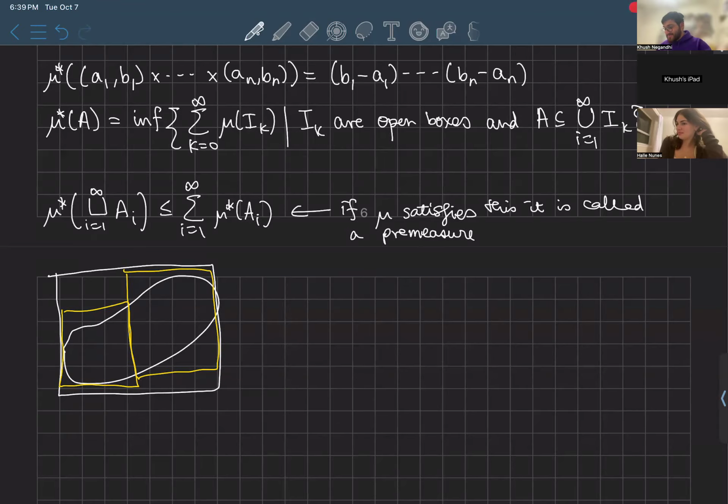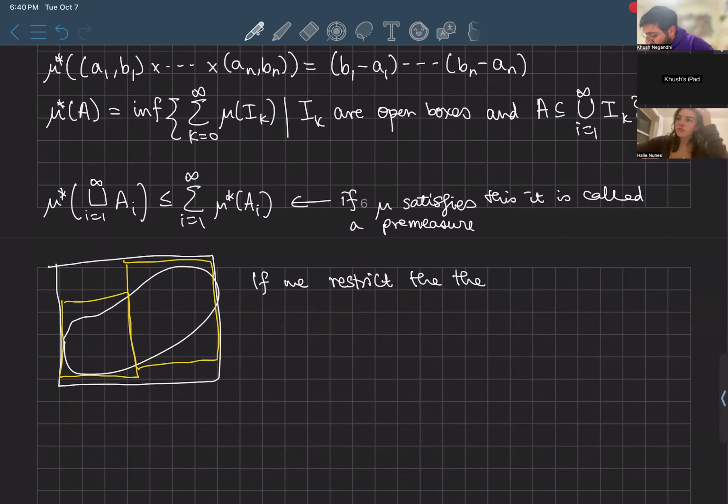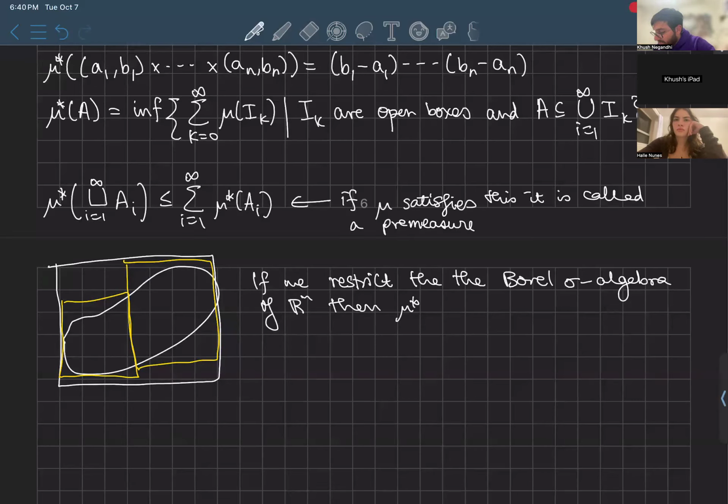Okay, so we have a pre-measure. It turns out that if we restrict ourselves to the Borel sigma algebra of Rn, then mu star is a measure.